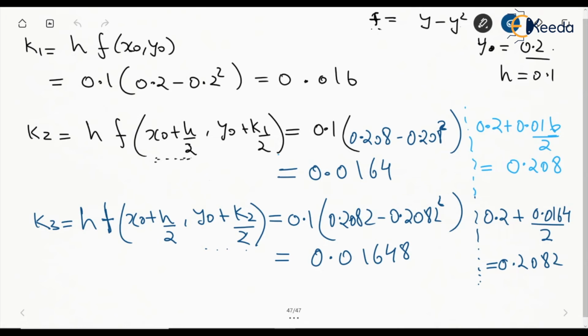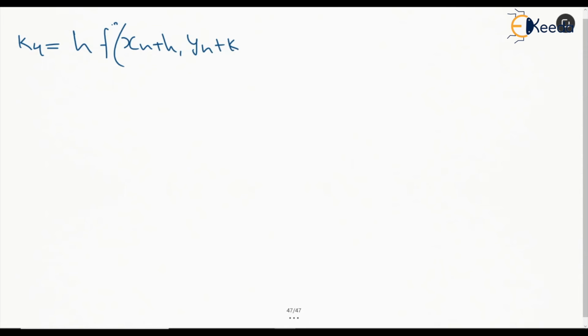Now we need K4. This K4 is given as h into function of xn plus h and yn plus k3. So what is this value now? This is y naught, which is 0.2 plus k3. We have found k3 and it is plus 0.01648.